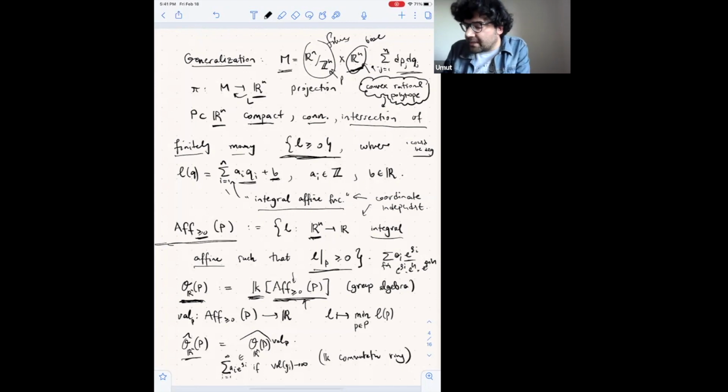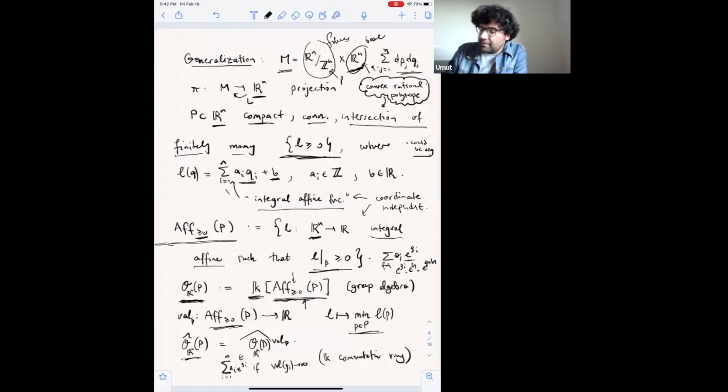There's also a completed version of this function space. And here's how you complete it. So on this abelian group, well, I shouldn't say abelian group, it's an abelian semigroup. There's no inverse. Sorry about that. So there is a valuation map from these non-negative affine functions on P, where you just look at the minimum of your function.